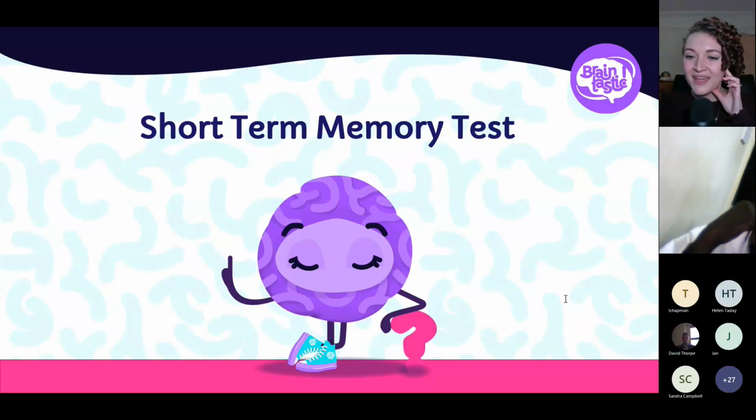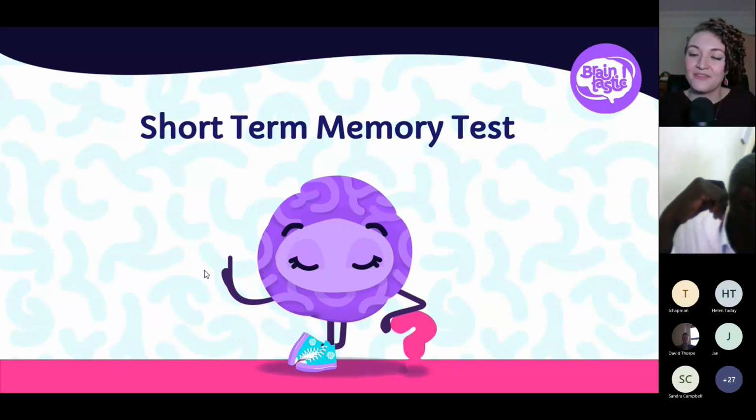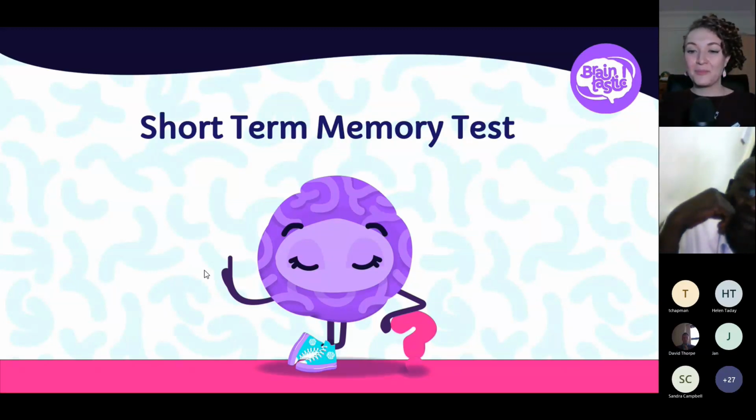So yes, tell me which one you found hardest, which one you found easiest, etc. Jeremy found the last one easiest because he noticed that it spelt a word. It spelt out black cat. Exactly, yes. David found the middle one the hardest, and so did Sandra because of the different tasks to do. Yes, exactly. Brilliant. So yeah, this is exactly what we find.